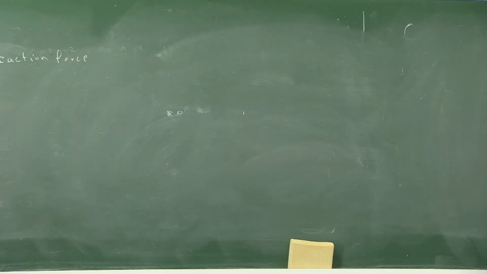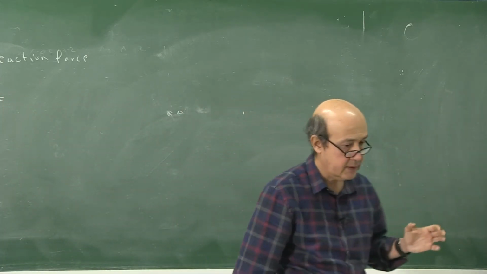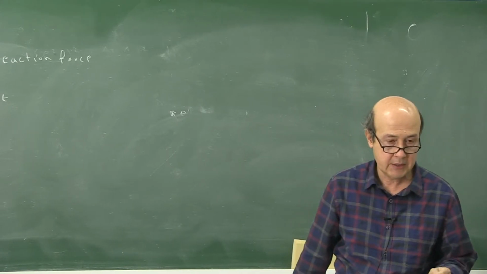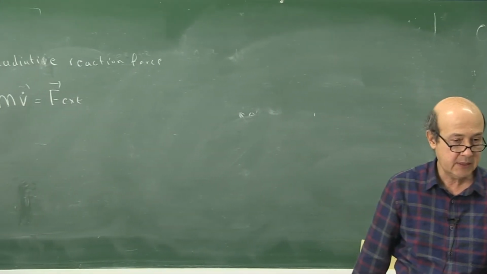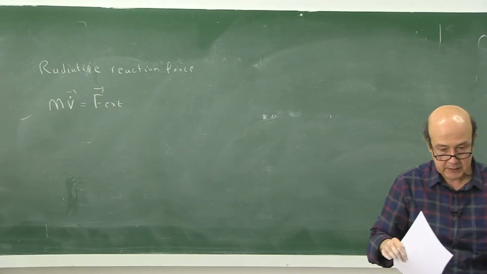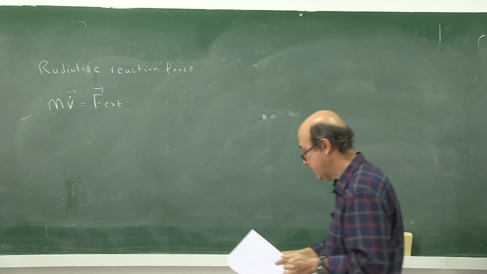The idea is the following. If there is acceleration, there should be an external force. But if the charge is accelerating, there is a recoil force. If you want to accelerate a charge, there is some resistance, like a bullet emitted from a gun. It will have some recoil effect, some resistance.